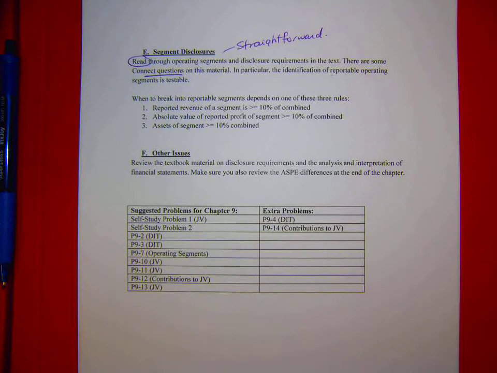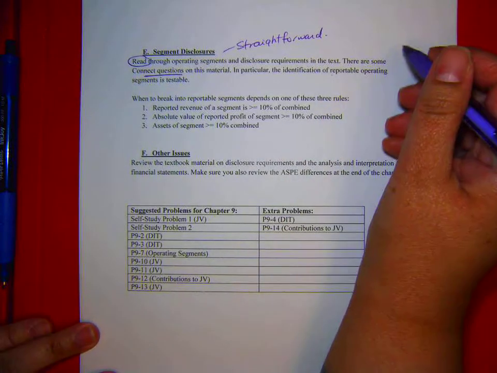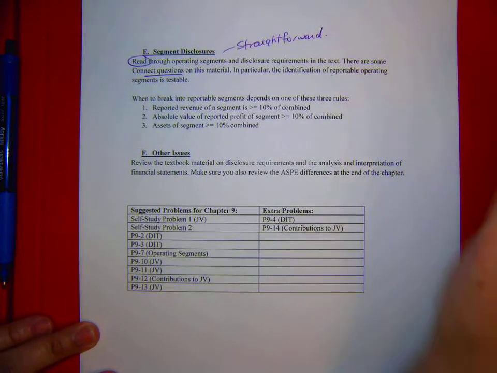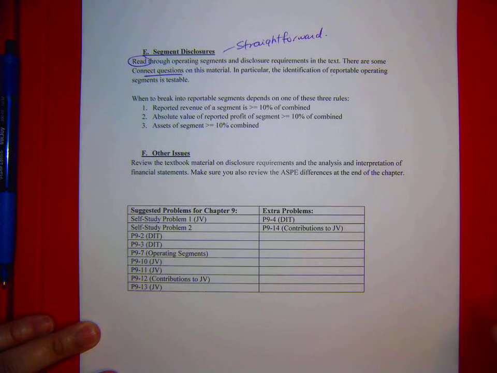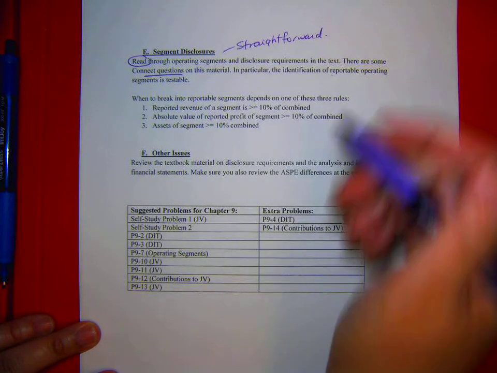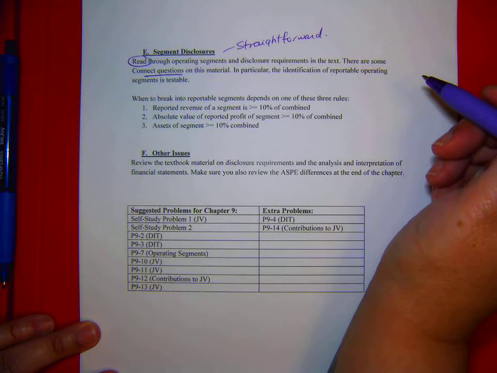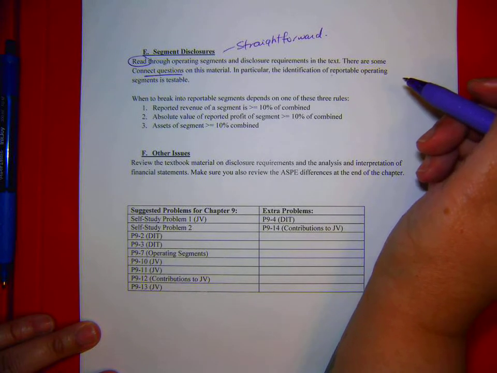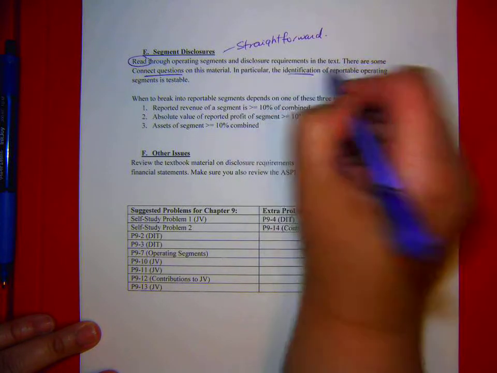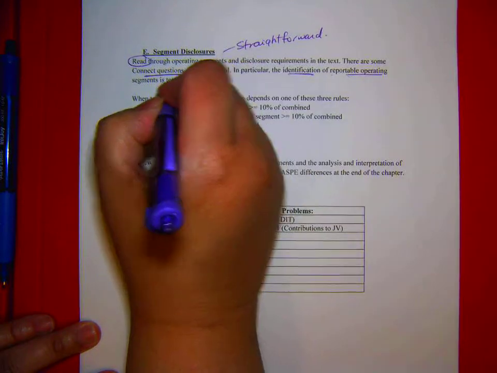But then, should we break it down into pieces? So this segmented reporting is breaking our overall business into little pieces, whether we are a parent and sub or we don't own any other businesses, just our own. And again, this is mostly thinking about public companies. So the identification of reportable operating segments is testable.